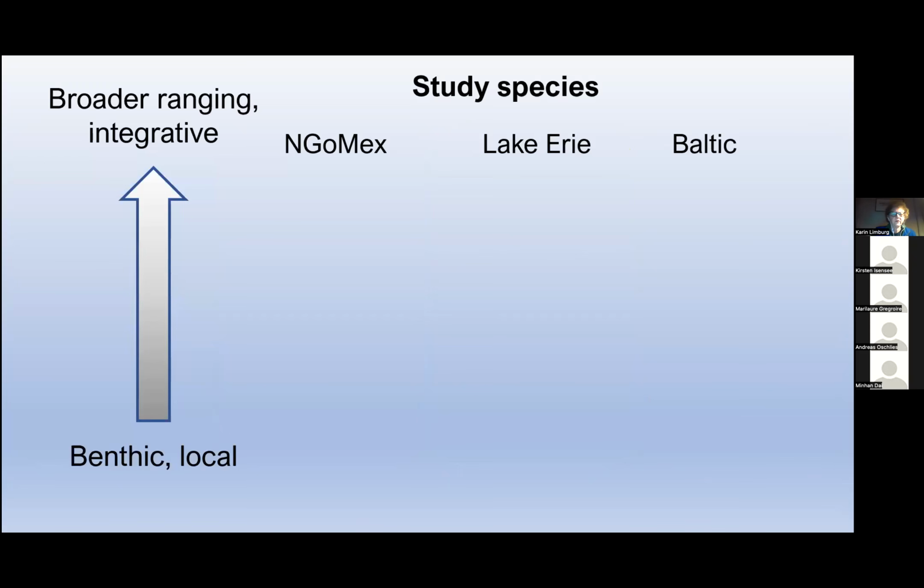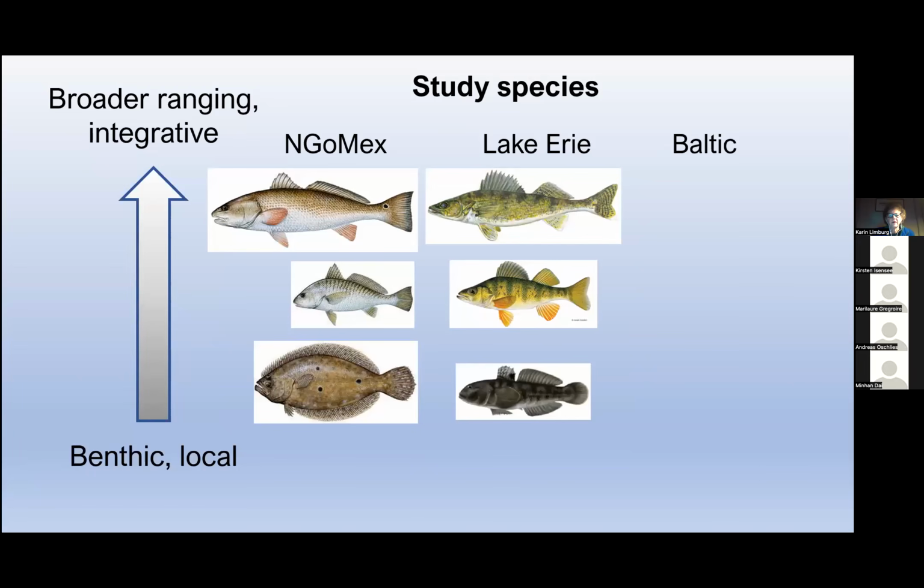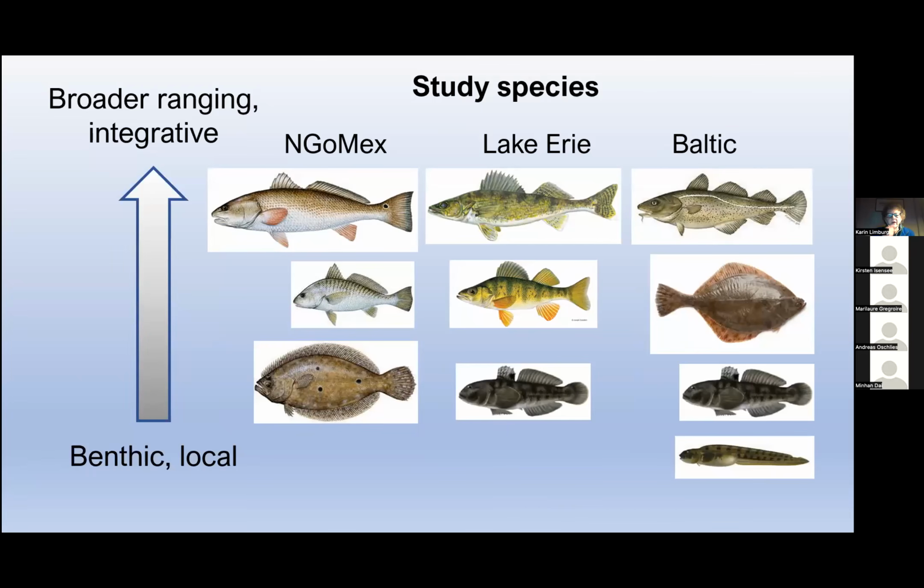So just to look at the structure of our setup for the biomarker part, we've got a gradient in each of these systems. Northern Gulf of Mexico has fishes where we're going from more benthic and local effects to broader ranging fishes that may show less of an effect.